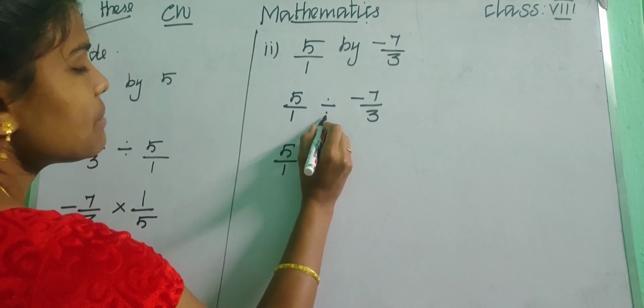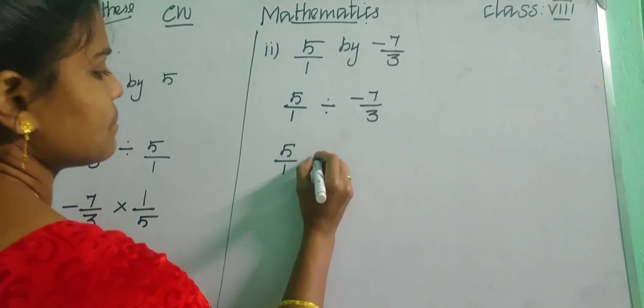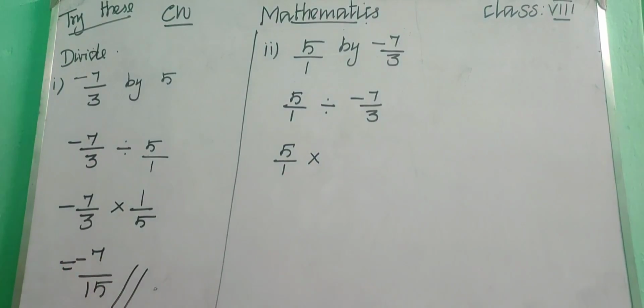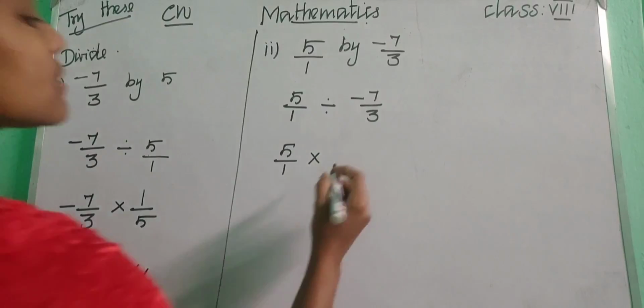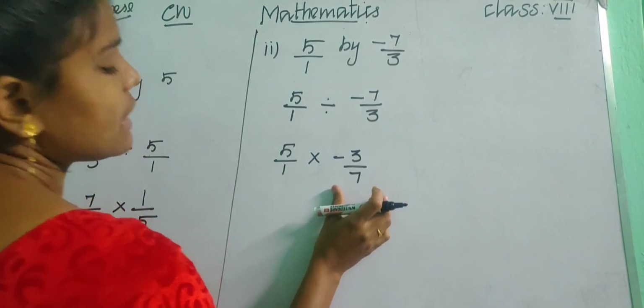We need to change the symbol. Okay, we need to change the division symbol into the multiplication symbol. Okay, 5 upon 1 into, and then what we need to do? We need to take the reciprocal. Okay, so what is the reciprocal of minus 7 upon 3? Minus 3 upon 7. Okay children, so minus 7 upon 3 means minus 3 upon 7.